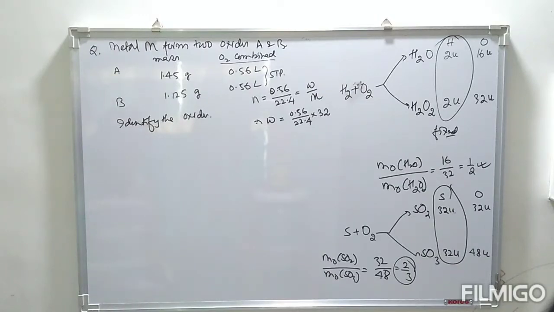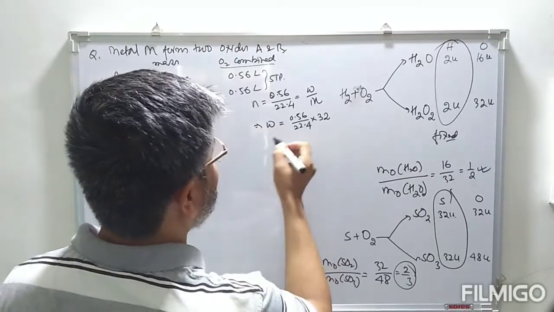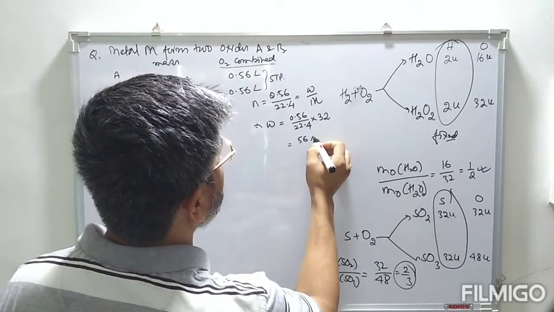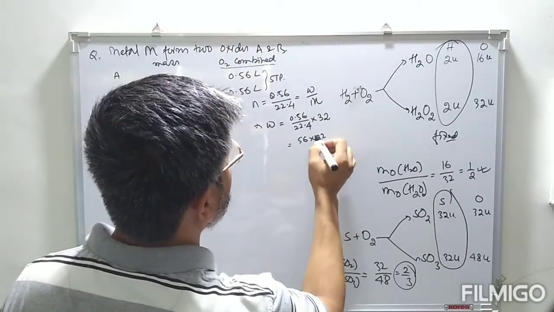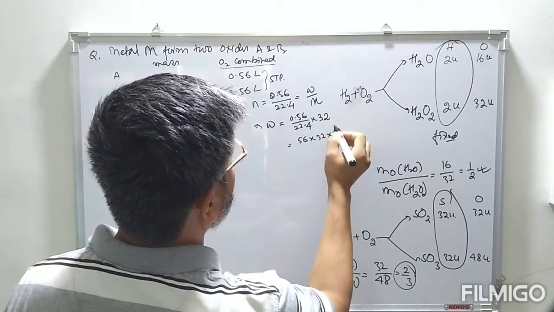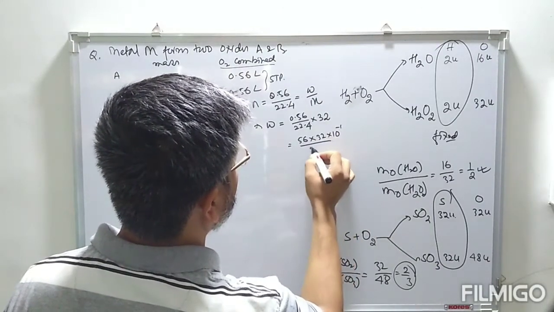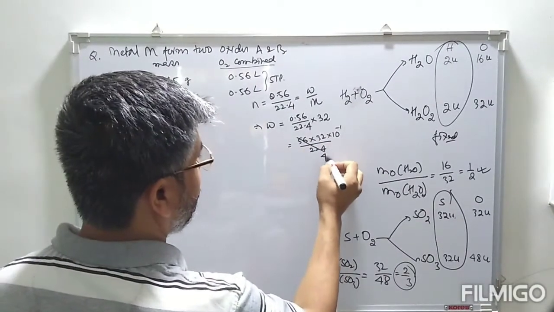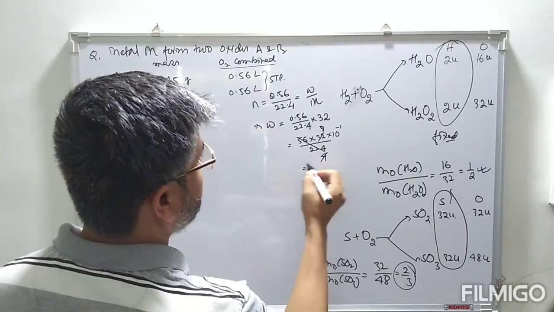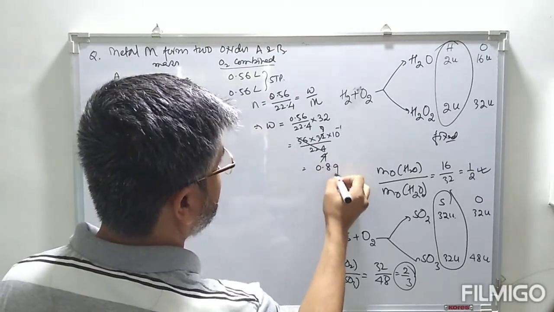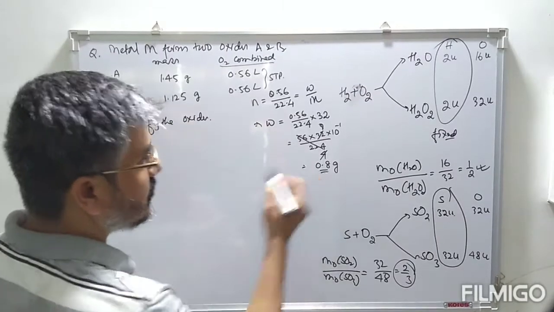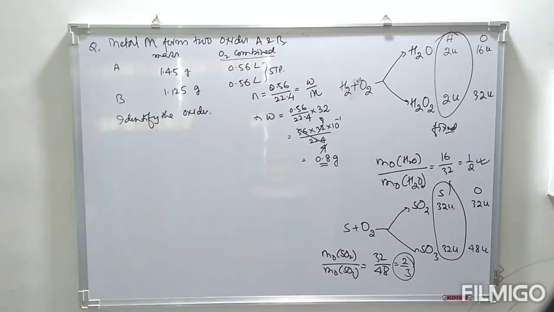So this comes out to be 56 into 32 into 10 to the power minus 1 divided by 22.4, so this is 0.8 gram. So 0.56 liter of oxygen corresponds to 0.8 gram.